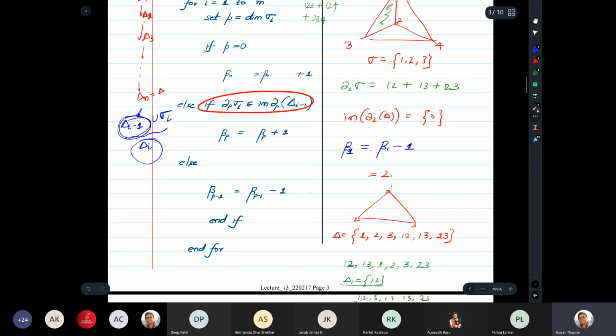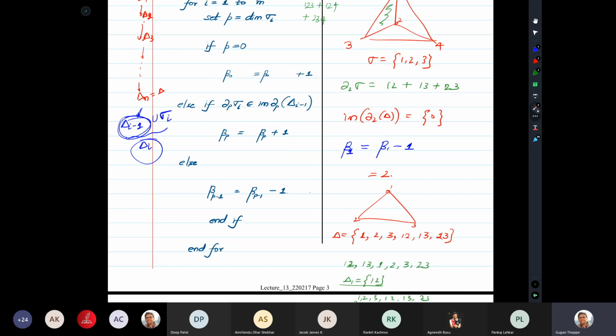On the other hand, if this condition does not hold, then the p minus 1th Betti number should decrease by 1, and this is how this entire algorithm proceeds. So at each step I basically have to check whether some condition holds or not, and depending on that I decide whether to increase my Betti p or decrease my p minus 1th Betti number.